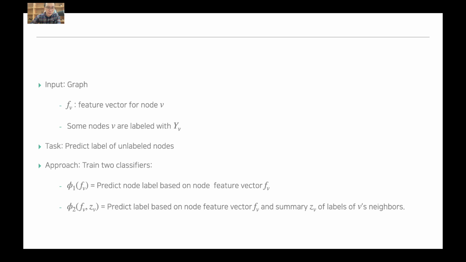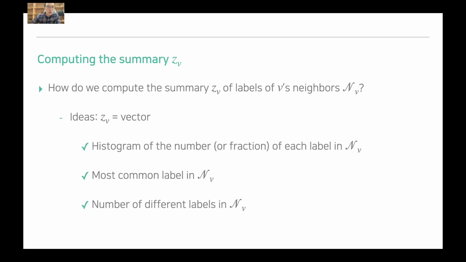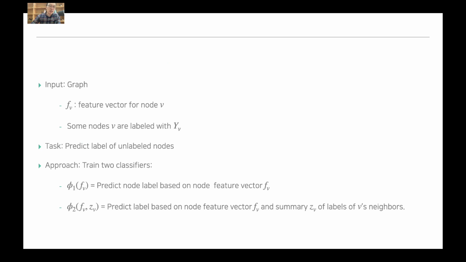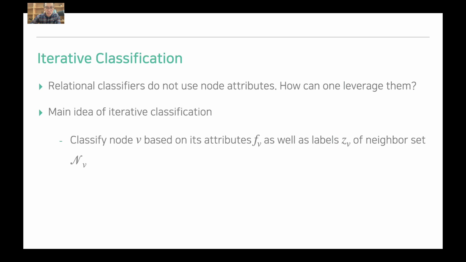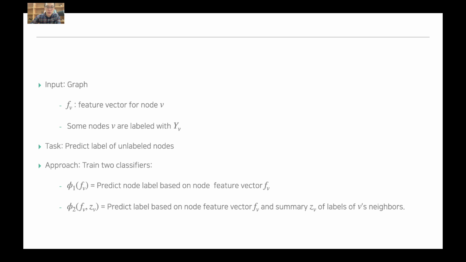Another classifier predicts a label based on the node feature and the labels of node V's neighbors. So to get Z_V, in this case, we keep saying neighbor set, neighbor node label, so we introduce the summary Z_V.